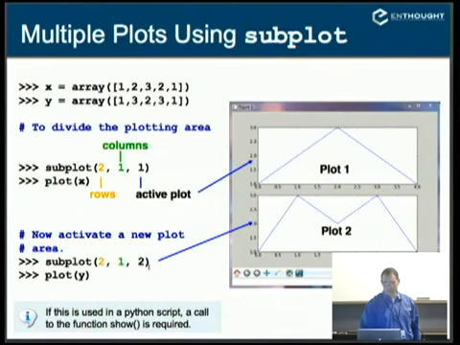Now I activate the second plot, and any plot command that I run now is going to plot into that lower plot. How do you clear a plot? clf, and it has to have the open and close parentheses. It's a function call that stands for clear figure. This is really handy if you're trying to build up maybe 2 plots on the top and 1 on the bottom, that sort of thing.